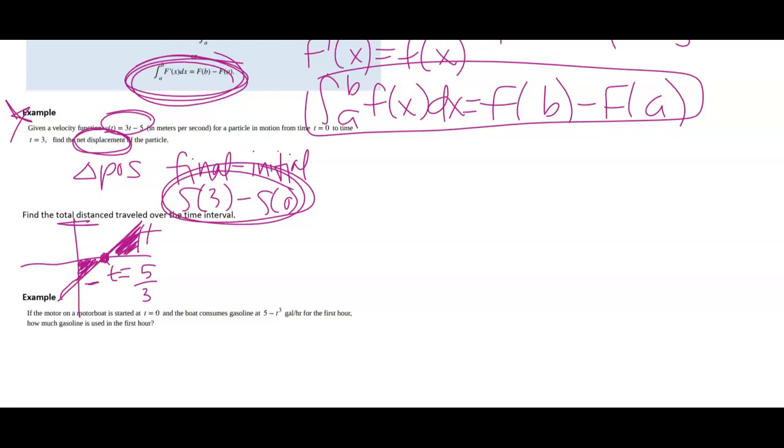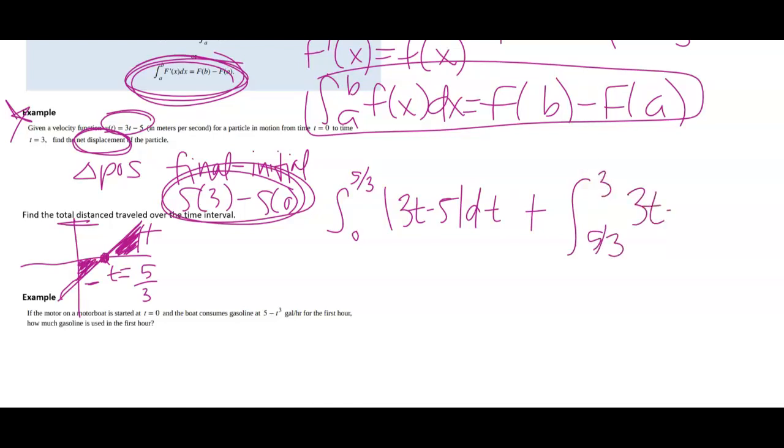So I need to split this up as the integral from 0 to 5/3 of the absolute value of 3t minus 5 plus the integral from 5/3 to 3, and then that's just the normal one, right?